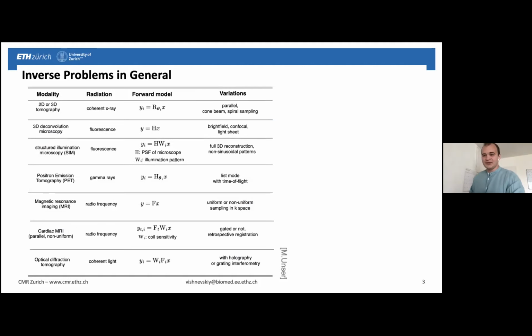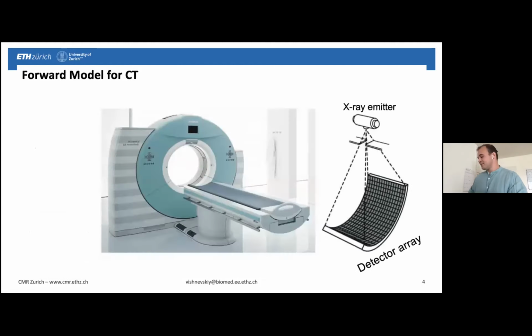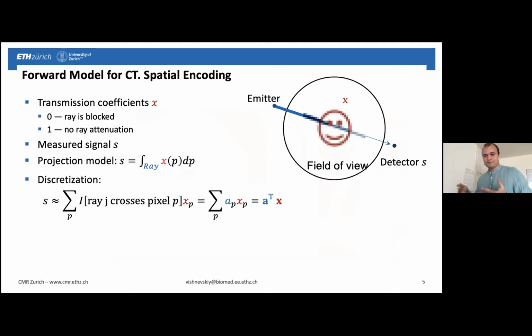Let's quickly consider a standard example, computed tomography, to see how the linear system is defined. In the X-ray, we have an X-ray emitter and a detector array, and the X-rays penetrate the tissue. The denser the tissue and the more tissue on the path of the ray, the more attenuation can be observed.